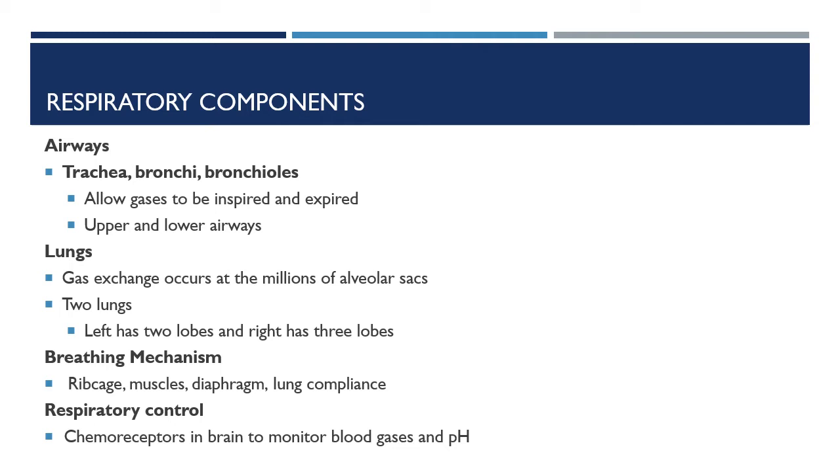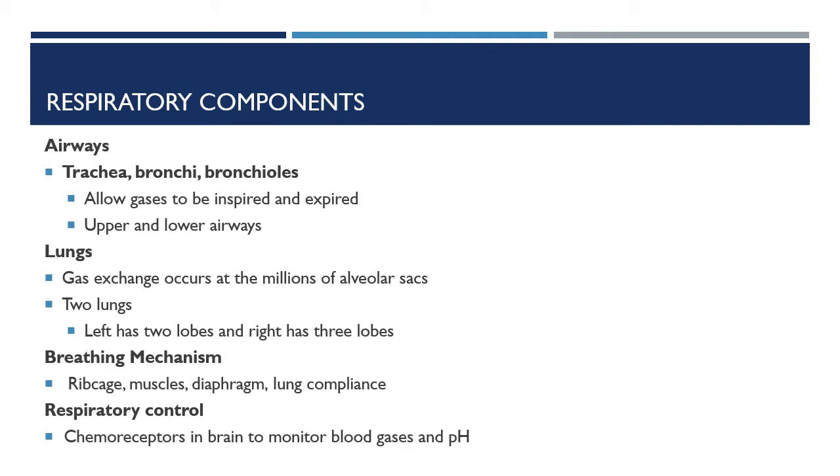And then there's the respiratory control in terms of the respiratory rate and the depth of respiration, right? And that's controlled by chemoreceptors in the brain that are constantly monitoring blood gases and pH in the bloodstream.